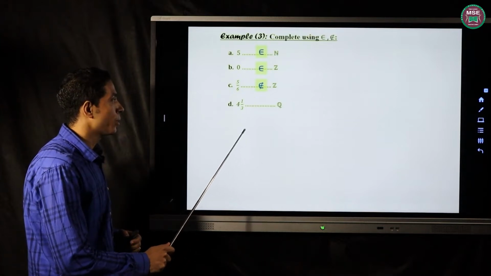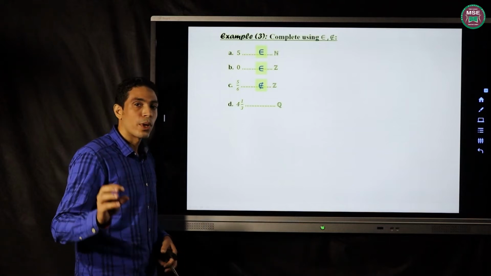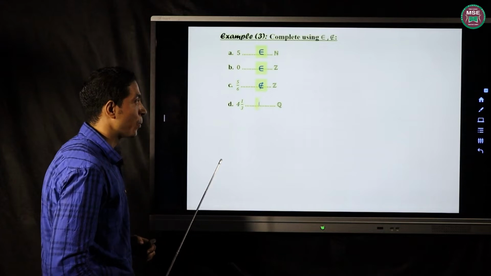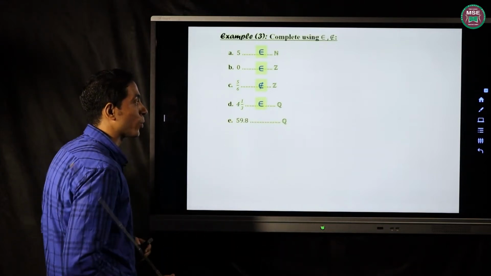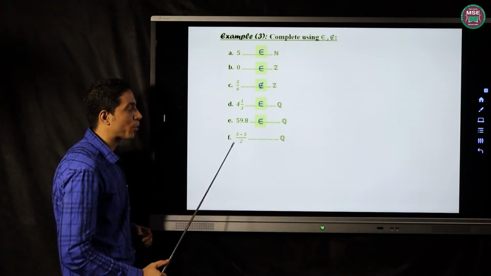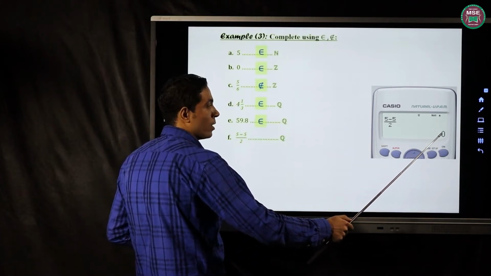4 and 1 over 3 belongs to rational numbers because we said any number that can be written in the form of a fraction belongs to the set of the rational numbers. 59.8 also belongs to rational numbers. 5 minus 5 over 2. If we type 5 minus 5 over 2 in the calculator, the answer will equal 0.